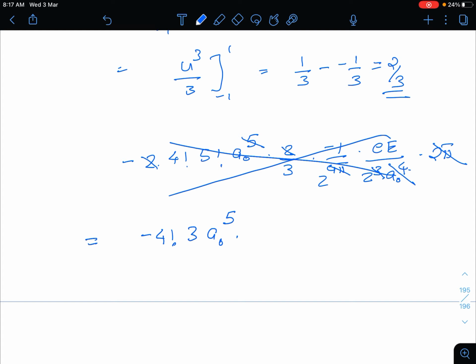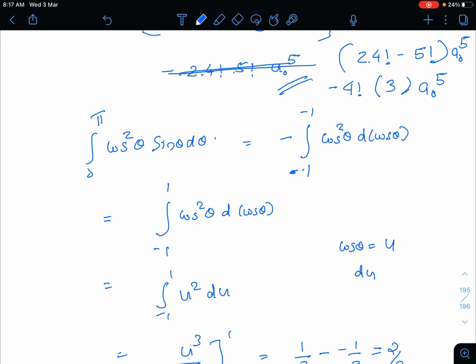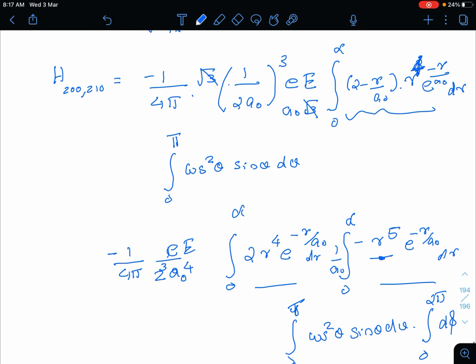Into 2 by 3 into 2 pi into the constants. What are the constants?